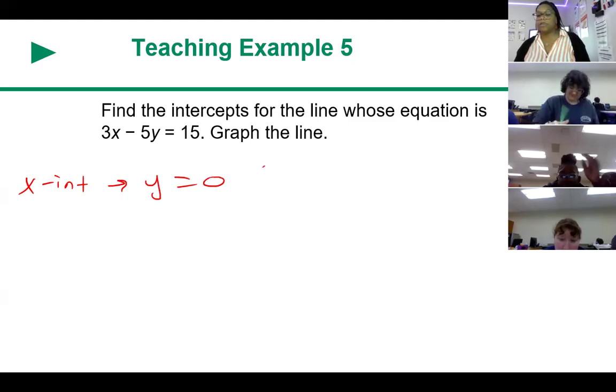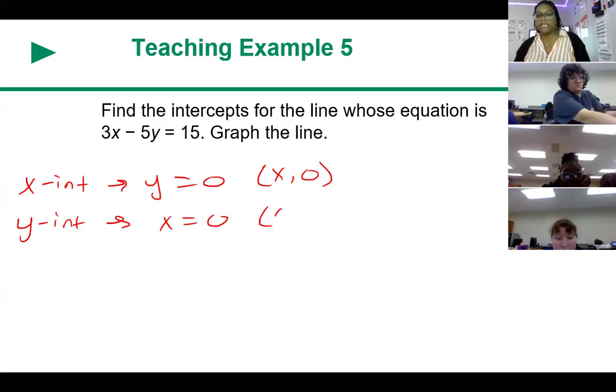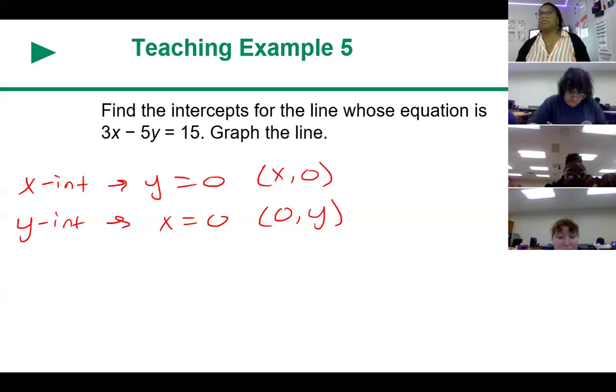And that's because when you write it as an ordered pair, it is X comma 0. When you're looking for your Y-intercept, that means you're letting X equal 0. That's because when you write it as an ordered pair, it is 0 comma Y. Does that make sense? Okay.